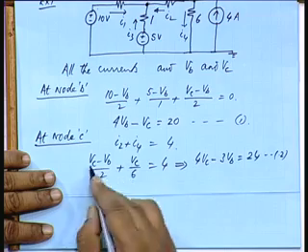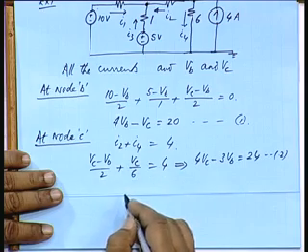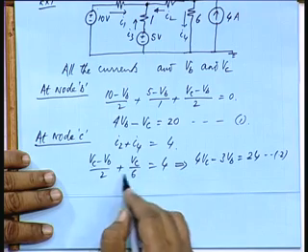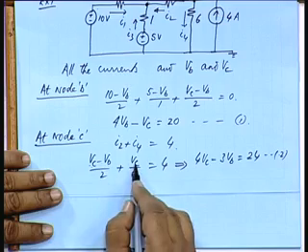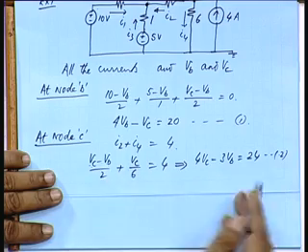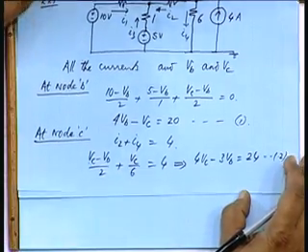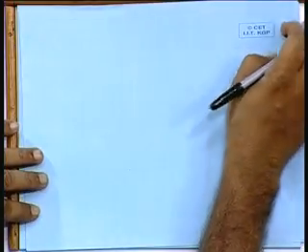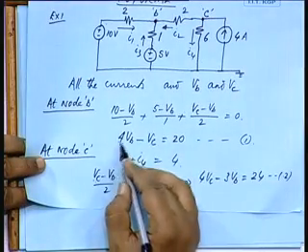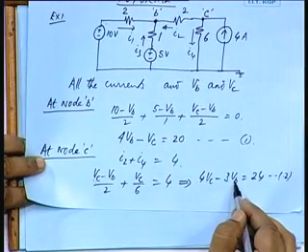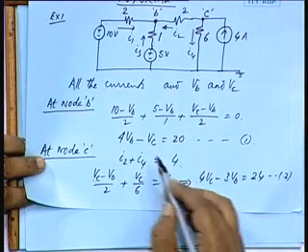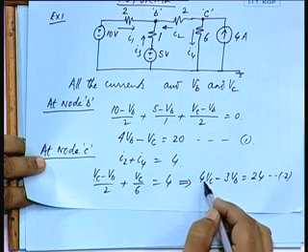Just multiply by 6, 6 into 4, 24 and manipulation here gives me 3 V C plus 1 V C, 4 V C minus 3 V B. So, if you solve these two equations, 4 V B minus V C and 4 V C minus 3 V B, you can multiply this by 4, add with this.